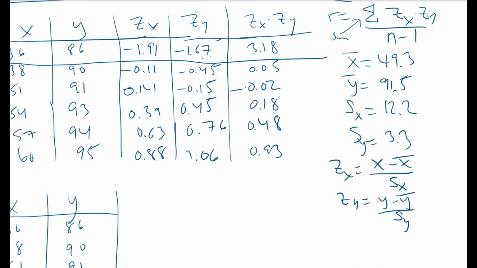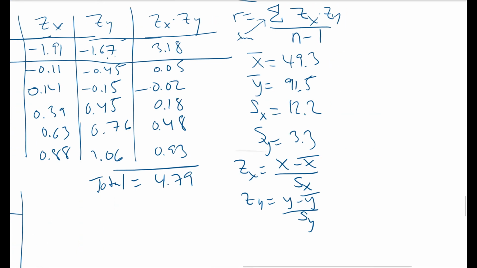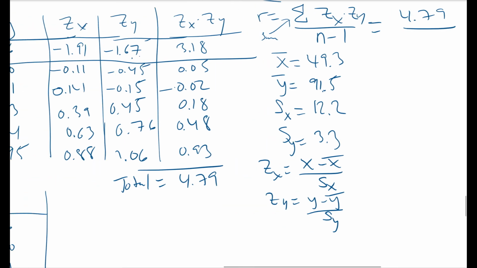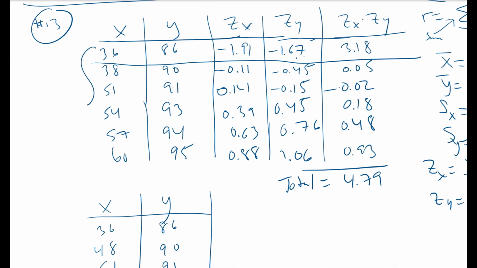So we have to add this. We have to do a total of that last column. So if we add that last column, we get 4.79. So now we can go ahead and calculate it. 4.79 over n minus 1. Well, n is how many numbers we have. So how many x values do we have? We have 6 values. So n is equal to 6.